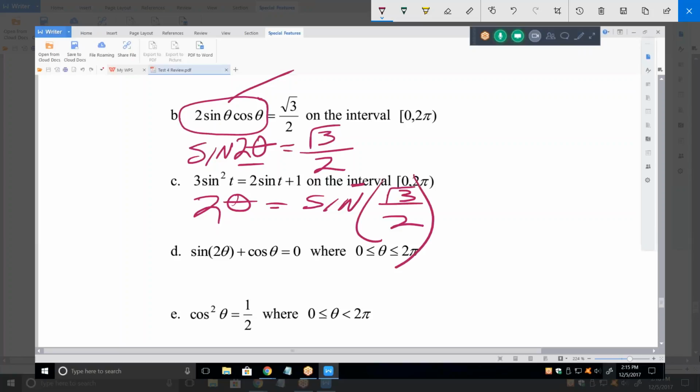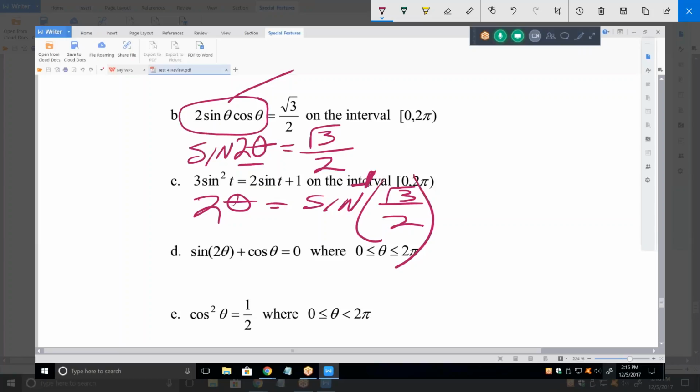Remember, you take trig functions of angles, you take inverse trig functions of ratios. You don't take inverse trig functions of angles, ever. You take inverse trig functions of ratios. You take trig functions of angles.